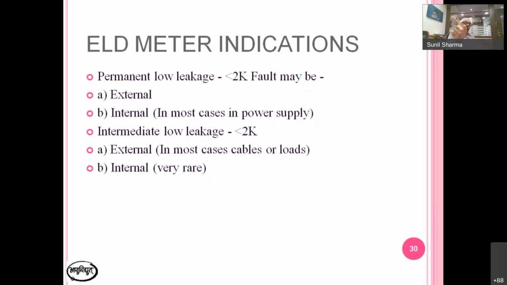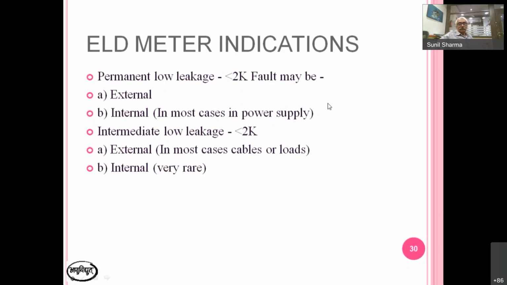The meter is fully moved towards a very low value, either near 2K or 10K or less than 2K. Sometimes it goes to less than 2K because there is a space, so it is also less than 2K. So there is a fault indication, no doubt.